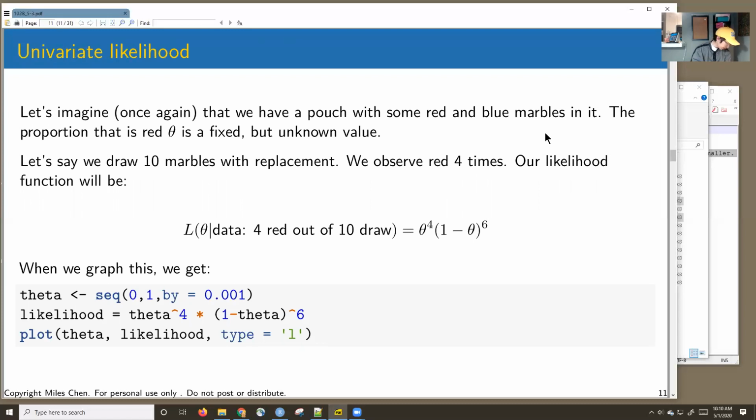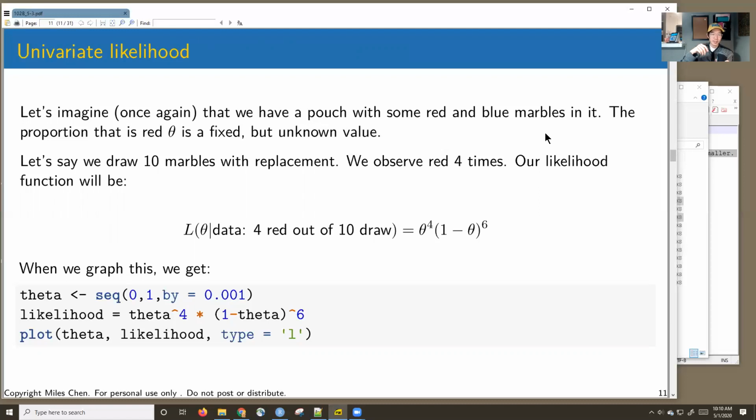The example I have is, imagine I've got some kind of bag, some kind of pouch, and we're going to imagine that there are marbles inside this pouch, and some of these marbles are red and some are blue.